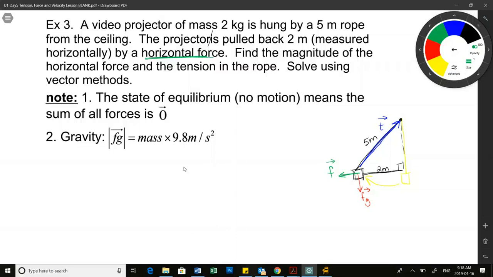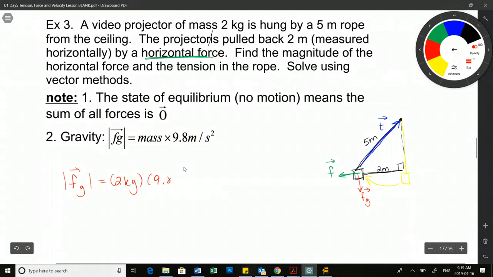So who's making an equation? T is F. Okay, well, before we get carried away here, why don't we find the force of gravity? The mass of our object is 2 kilograms. And we're going to multiply this by 9.81 meters per second squared.